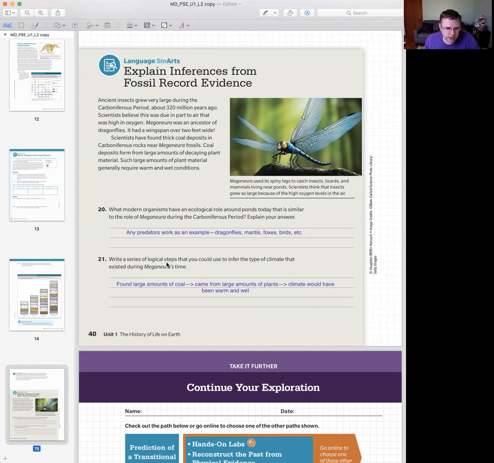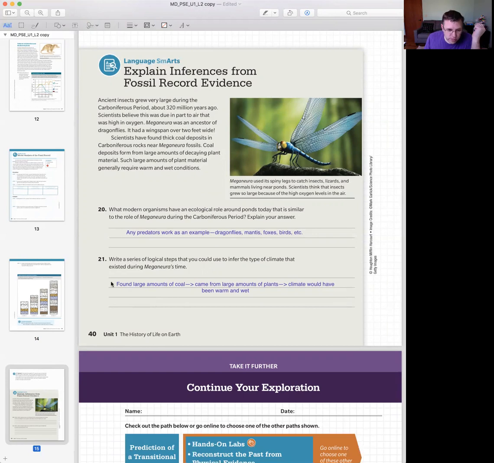Number 21, write a series of logical steps that you could use to infer the type of climate that existed during Meganeura's time. All right, so if we think back through this, today in these areas we can find large amounts of coal. Coal comes from ancient plants that have died and decomposed and broken down. The carbon has been converted into coal.